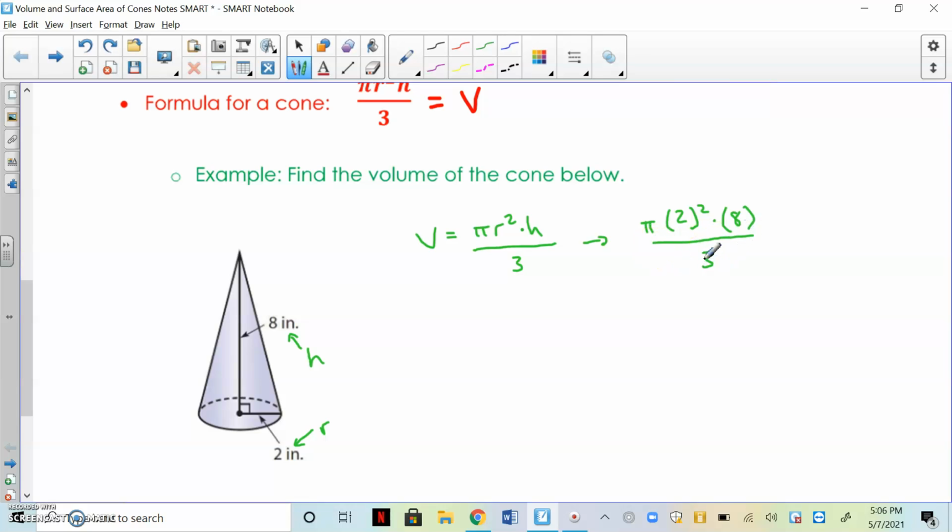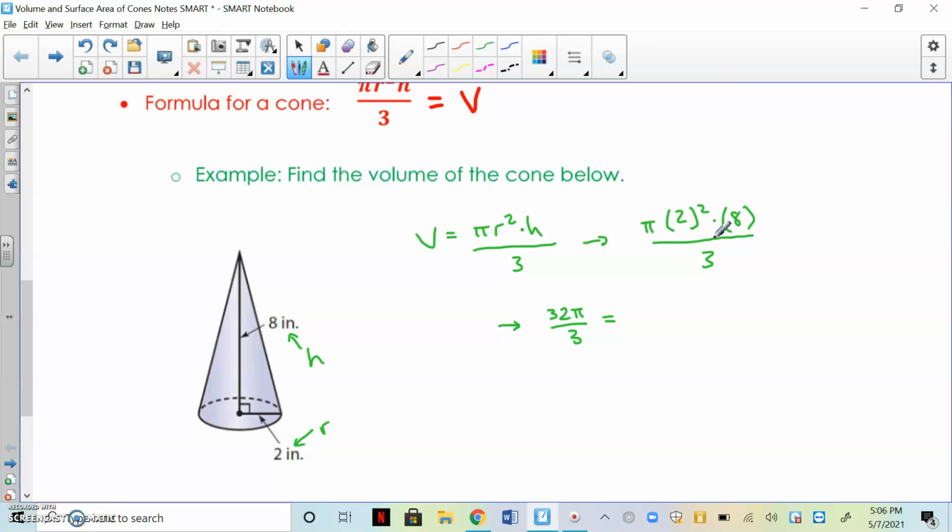All right, and at this point, it just turns into a calculation. You are welcome to type all of this in your calculator if you want. If you're the kind of person who likes to simplify things first, that is also fine. I am like that sometimes. It's really just a matter of personal preference.